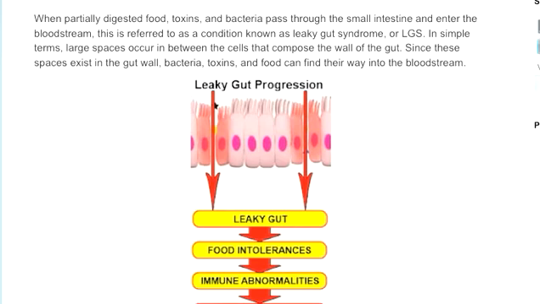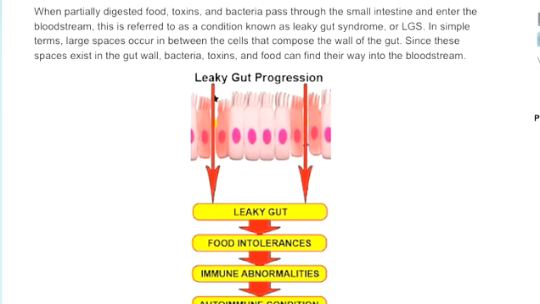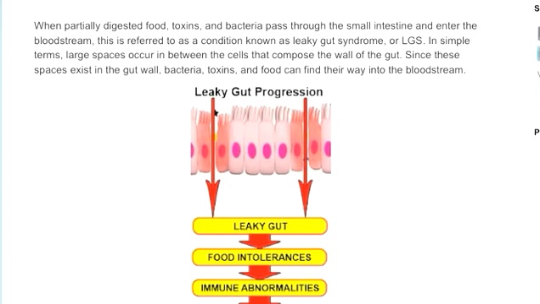So we want to break down exactly what leaky gut syndrome, known as LGS, is, and how it occurs. Then we also want to compare some symptoms of leaky gut syndrome with some symptoms of herpes.